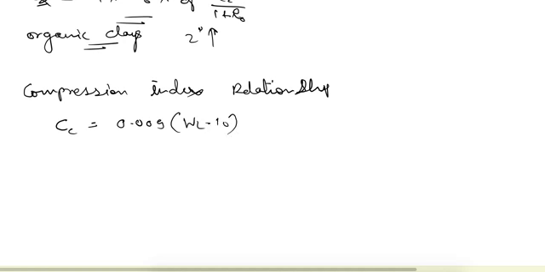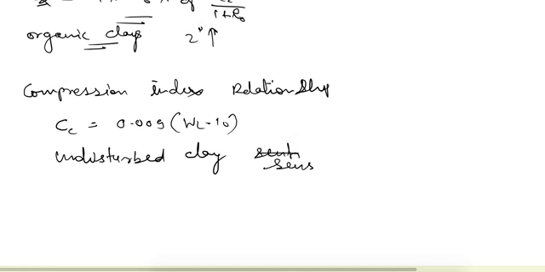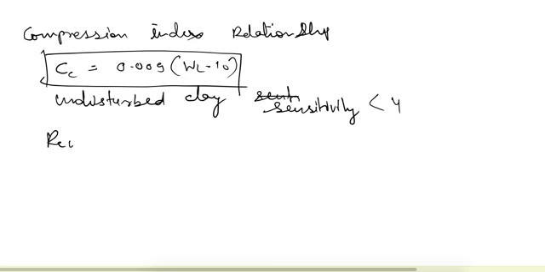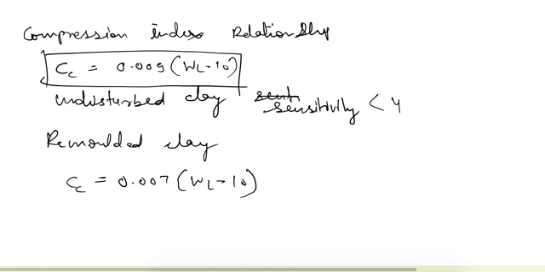This one is used for undisturbed clay where sensitivity is less than 4. And for remolded clay, the formula is Cc is equal to 0.007 times (WL minus 10).